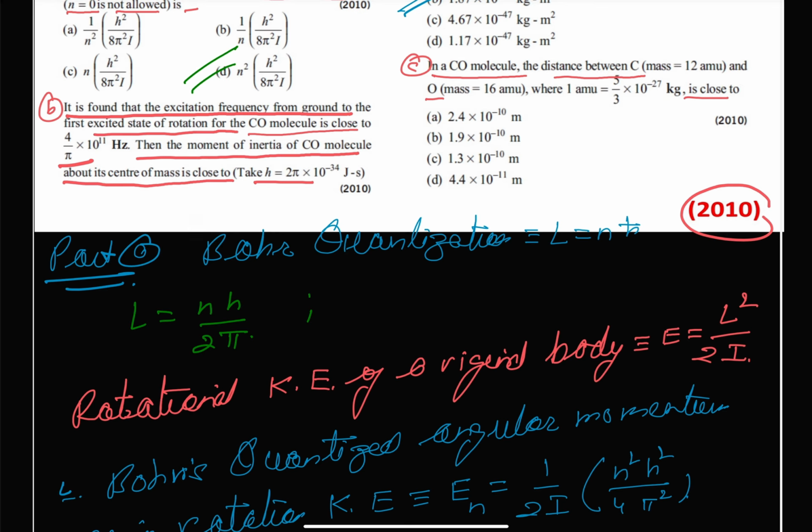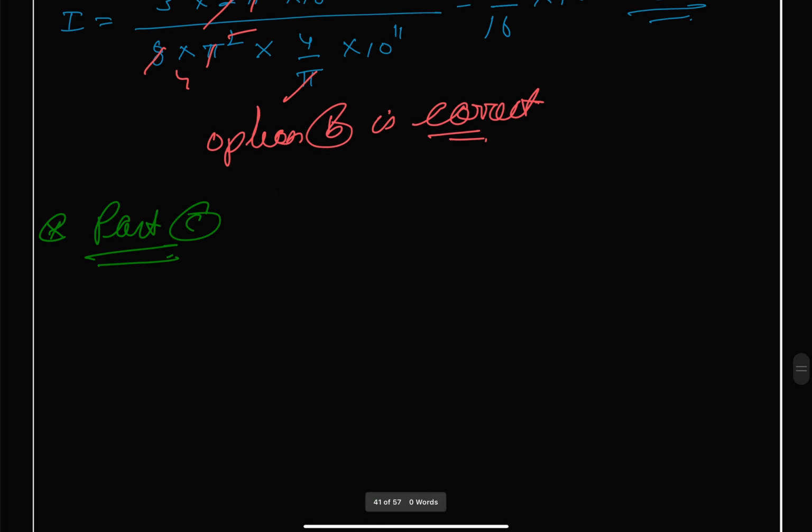And for that, we are going to use the formula of the moment of inertia for a CO molecule, which is our I, whose value we just found out, given as mu times r square.